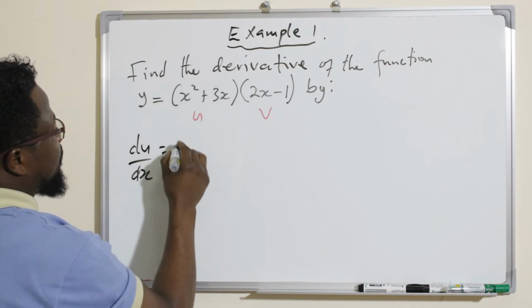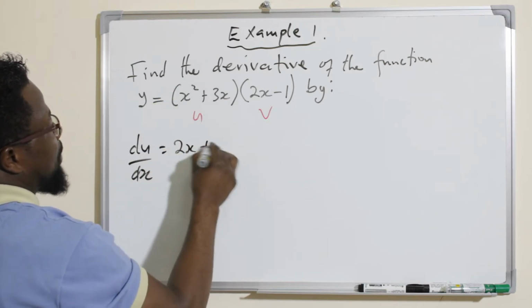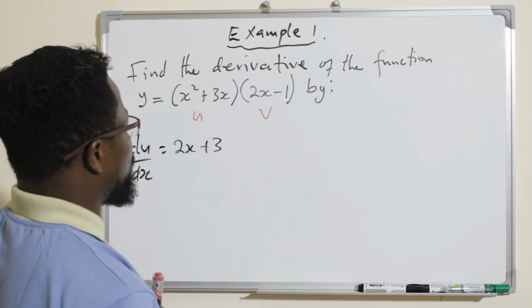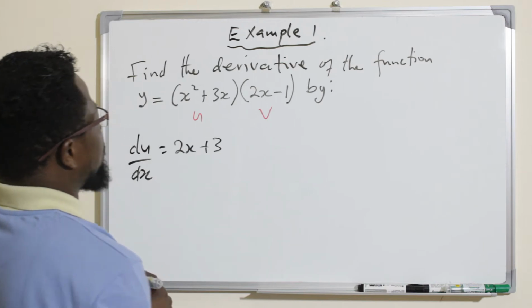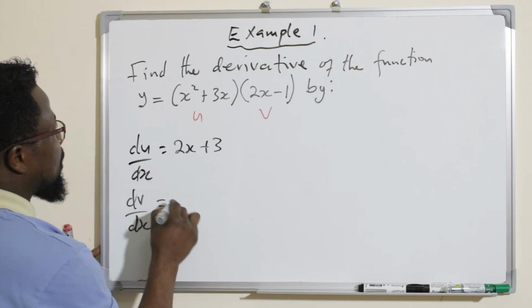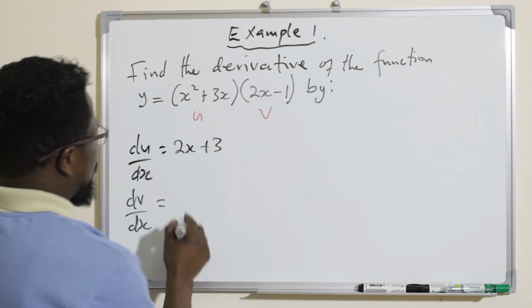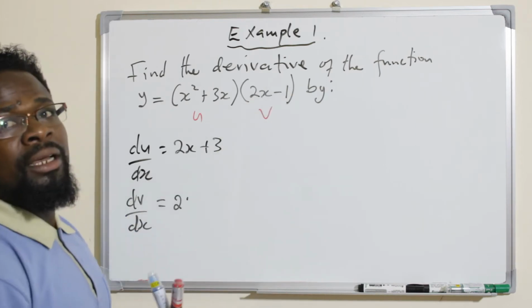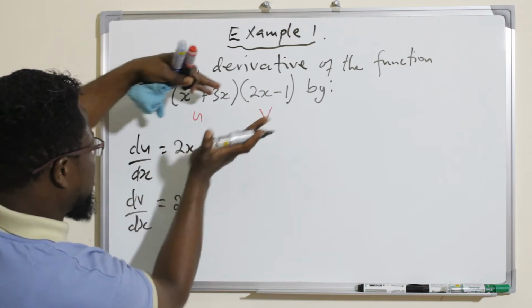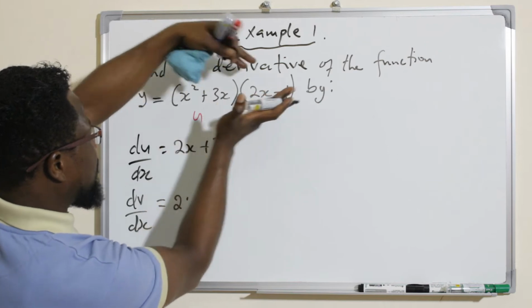And here this gives me 2x plus 3. That has become the derivative of u. Now let me find the derivative of v. That becomes dv/dx. And dv/dx here is also going to be 2. I have gotten the derivative of each of the functions.